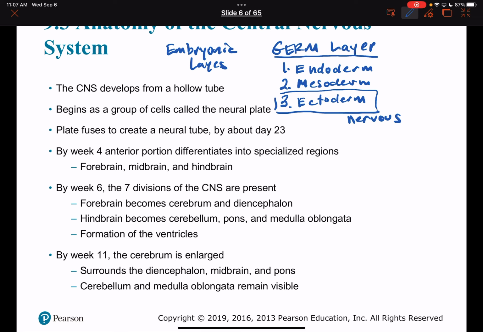Lexi, here's your question. Any chance you know what other system comes from the ectoderm? And here's my clue. Think about if you were an insect. Ectoderm. And we think about an insect and its exoskeleton. What is the exoskeleton of an insect?